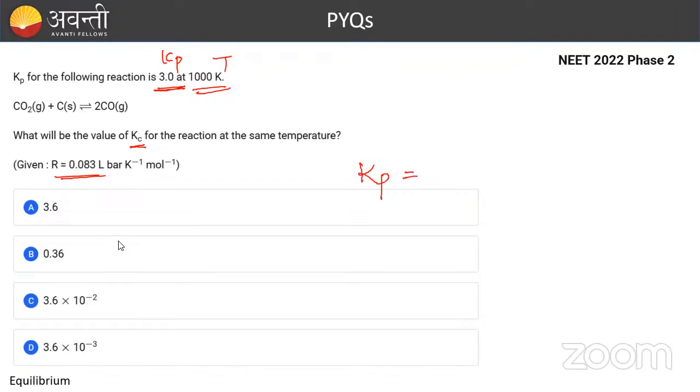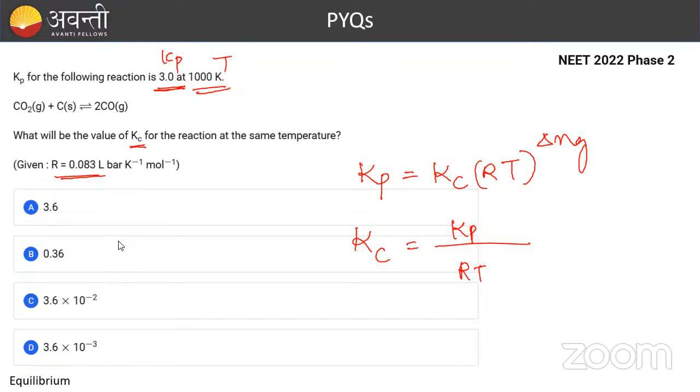Kp is equal to Kc into RT, power delta Ng. Okay. So we need to find out Kc. So Kc is equal to Kp divided by RT power delta Ng, right? So what is the delta Ng value for this reaction? So we have 2 moles of gaseous product, and we have 1 mole of gaseous carbon dioxide and 1 mole of carbon in solid form.